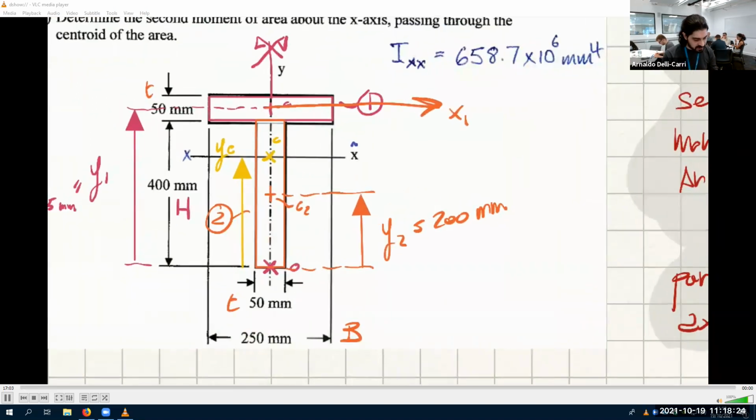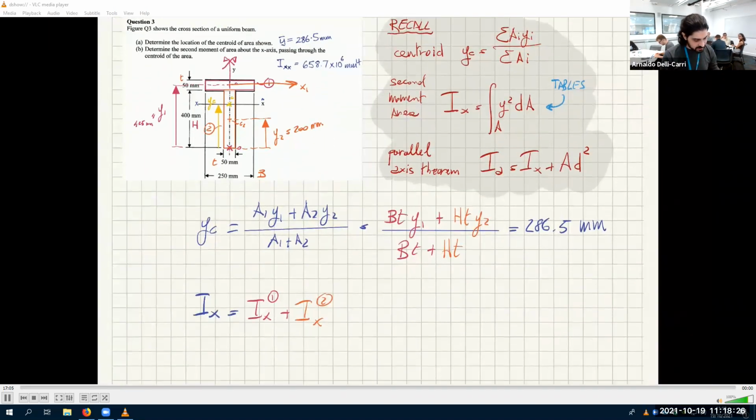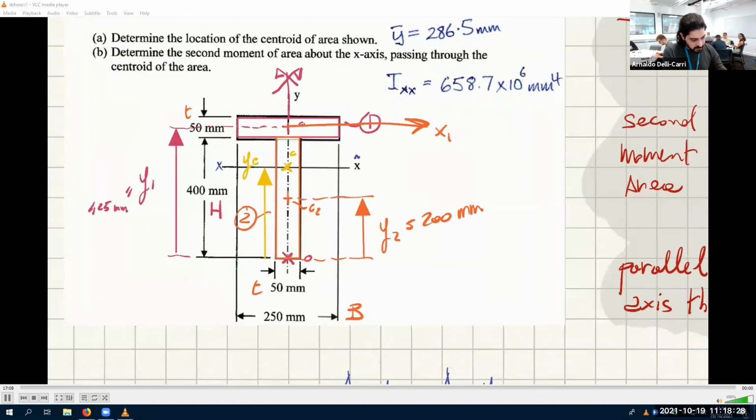Say if I do this, Ix1, so for rectangle 1, bh cubed divided by 12, which is in this case b cubed divided by 12, this does not refer to this axis. Okay, this refers to this axis. And so we are already lost. So how do we make it refer to that axis?